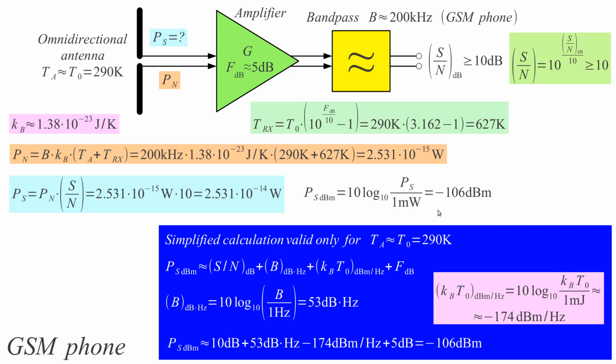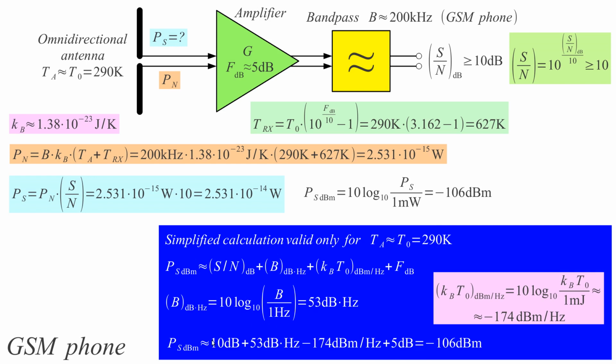So we express all the quantities we need. kT0 is minus 174 dBm per hertz. 200 kilohertz converted is 53 dB per hertz.